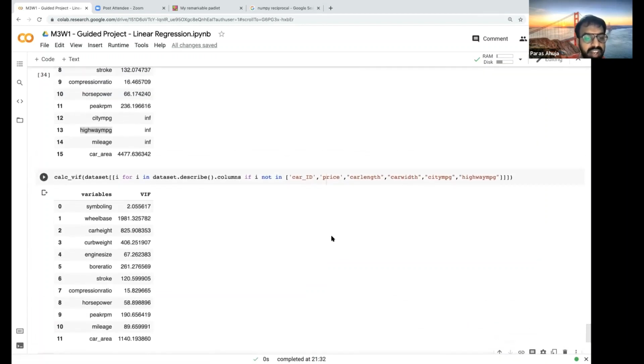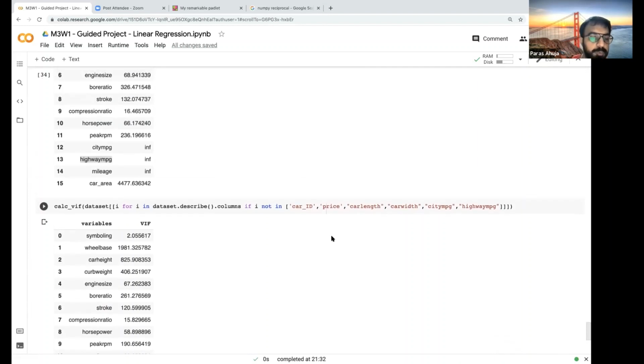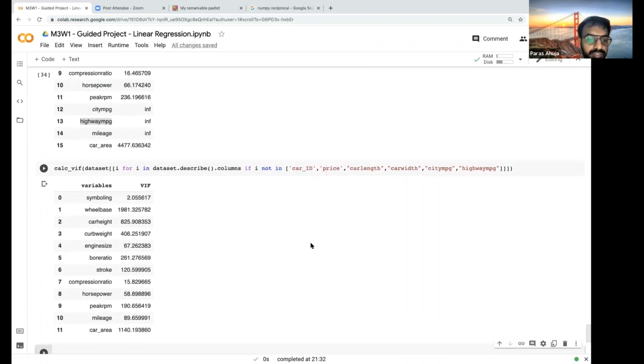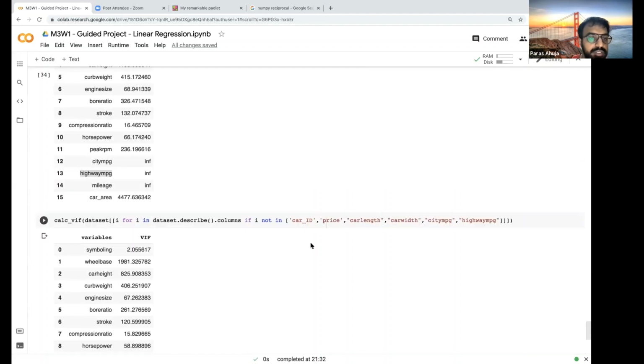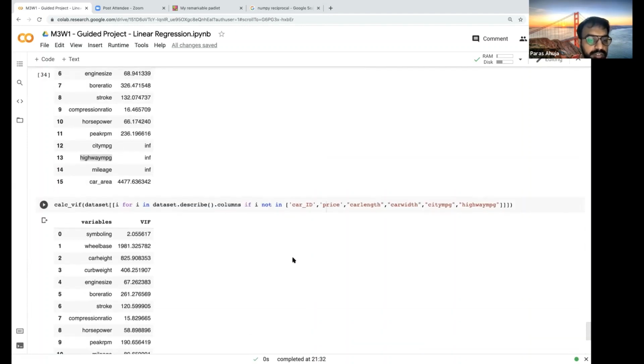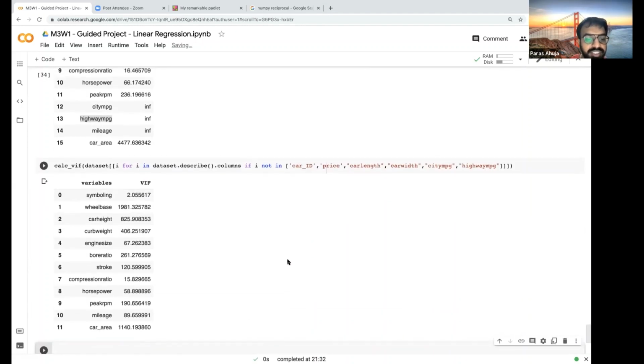Right. So I have somewhat a better picture now. Can you see that? Now what else should I do?